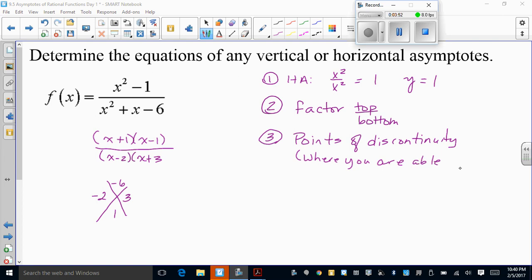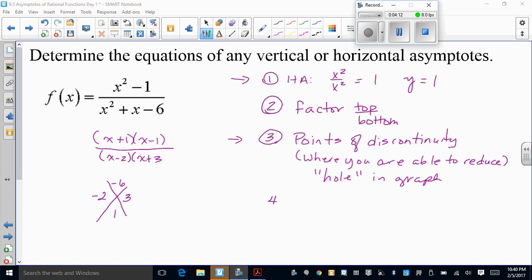And these are what we call the hole in your graph. Okay, so there's your horizontal asymptote. You have to factor to find points of discontinuity, and you need it for step 4, your vertical asymptote.